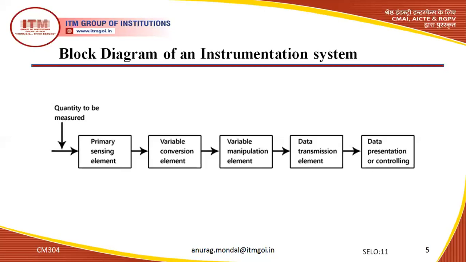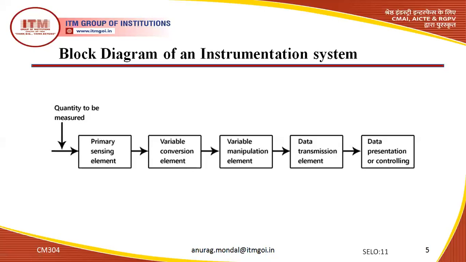But we never transmit the resistance value. Whatever signal we transmit, on the basis of change of the measured quantity, is in terms of current or voltage. We never send the change in resistance. So we need to convert that change in resistance into current or voltage. That is why the variable conversion unit is there.